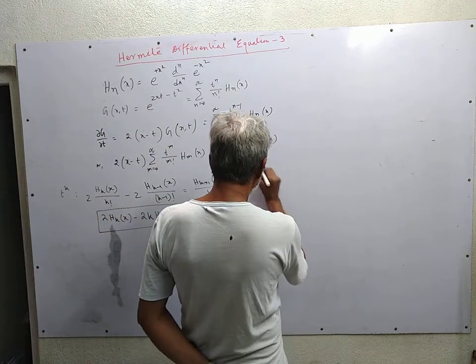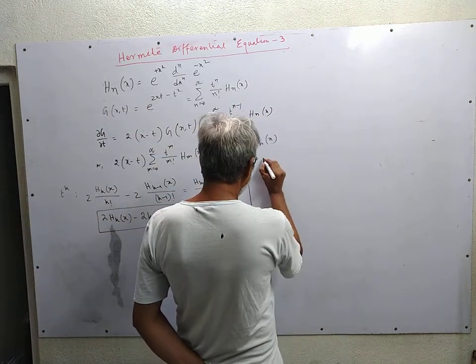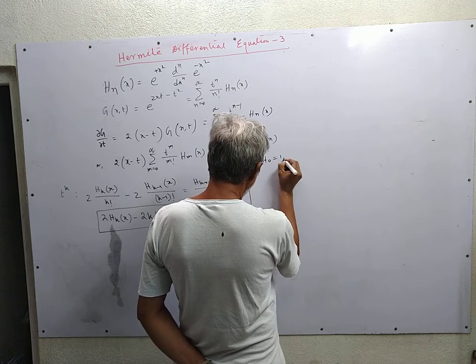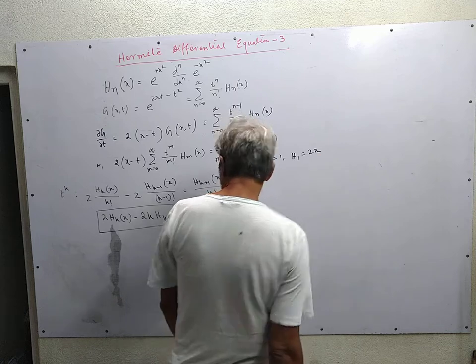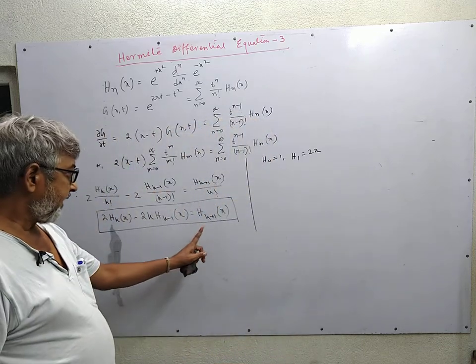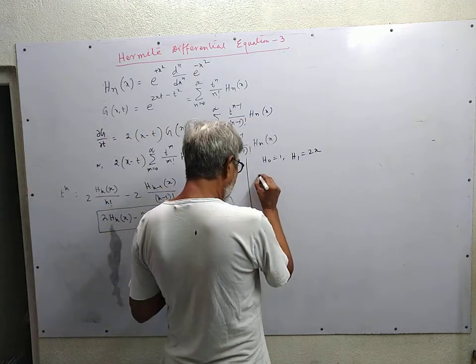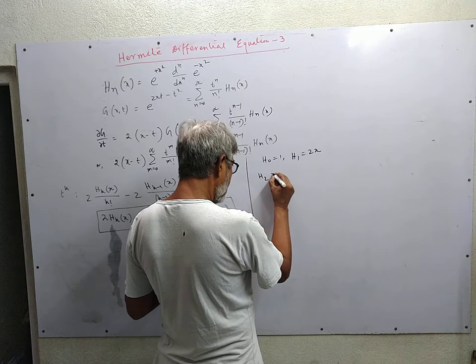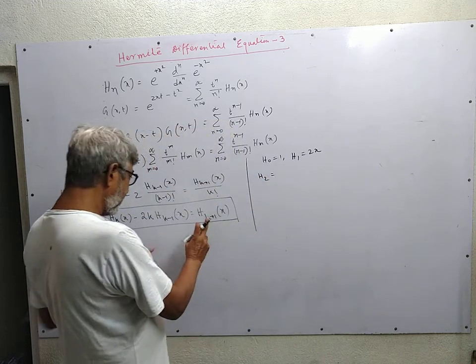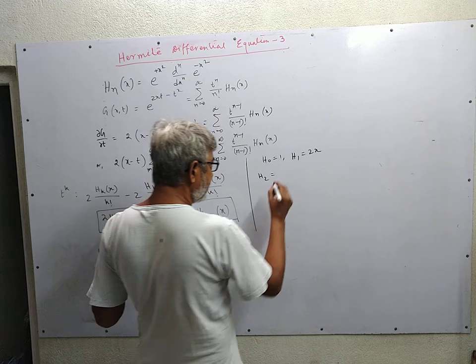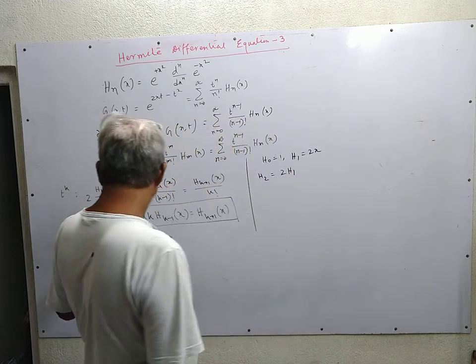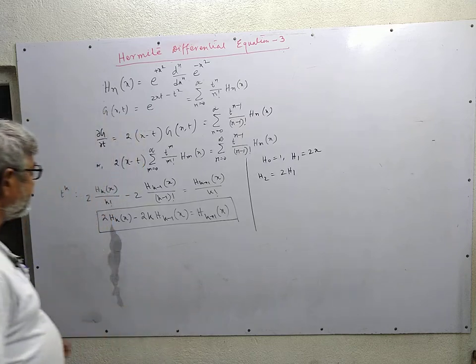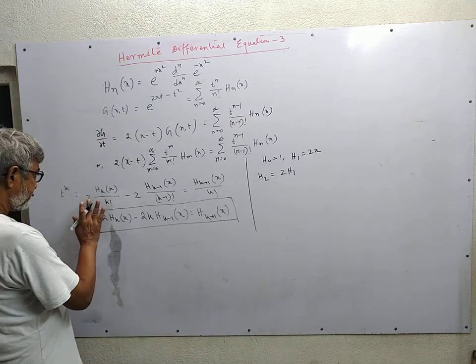Let us start with the fact that H0 is equal to 1 and H1 is equal to 2x. If we put k is equal to 1, then we get H2. So this is 2 into, sorry, one x is missing, so there is an x factor.